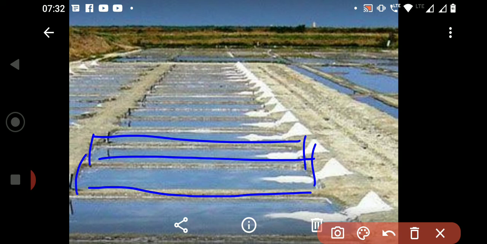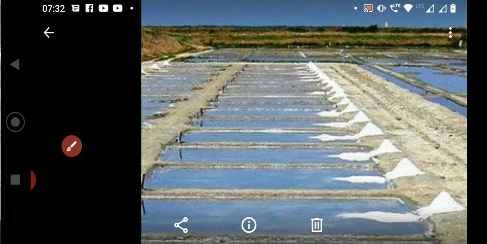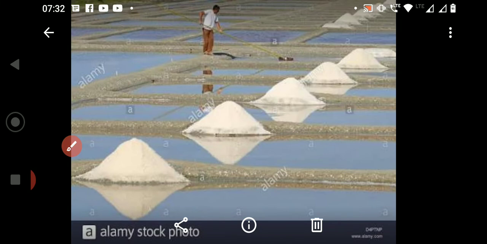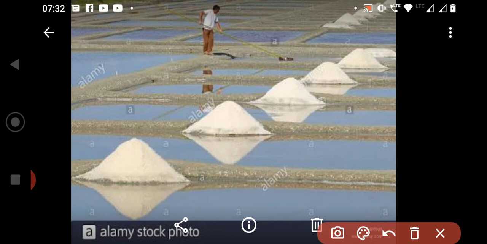So here water is collected, and after some time the salt gets deposited, and they have to bring the salt to the edges. In the next picture you will see how this man is taking the salt out, just pushing it or pulling it.